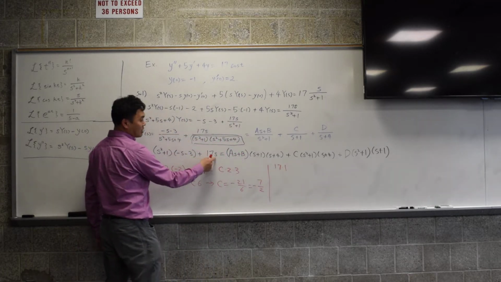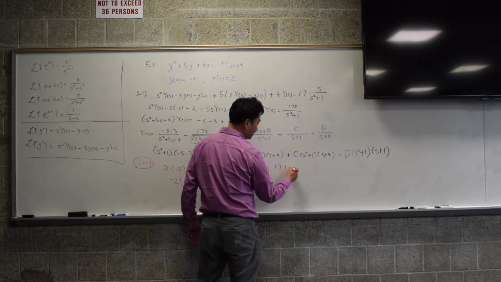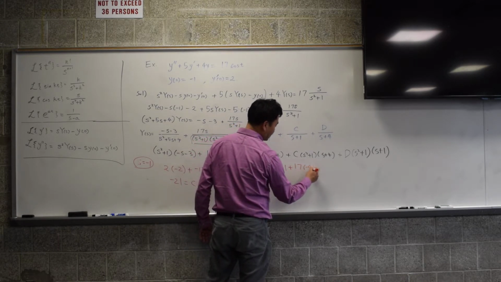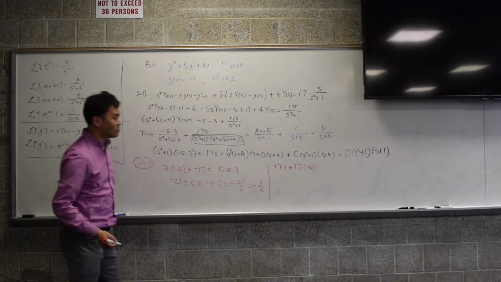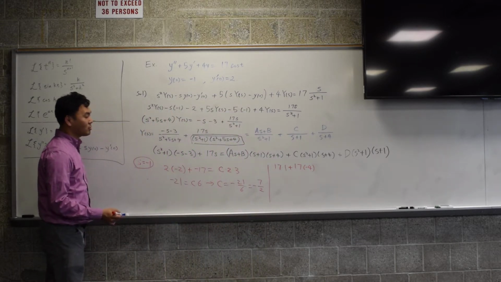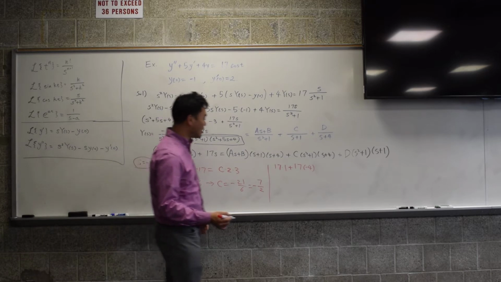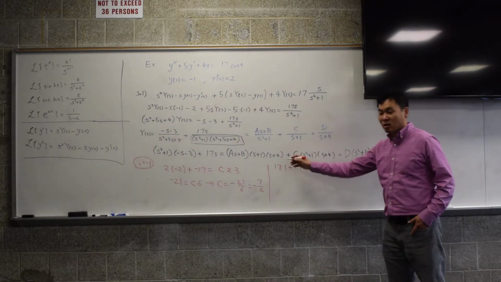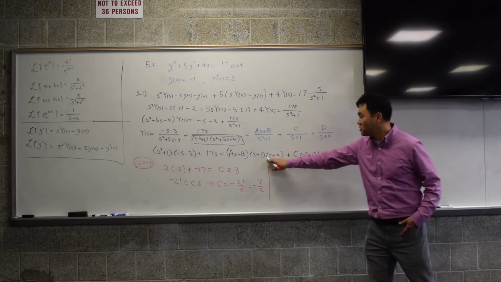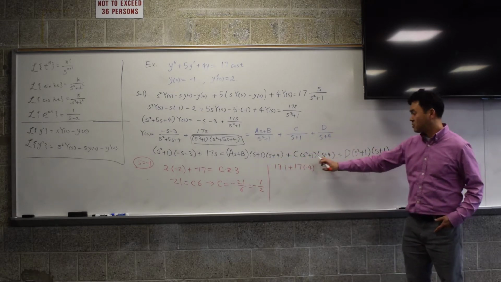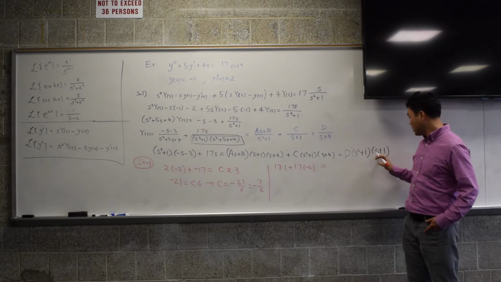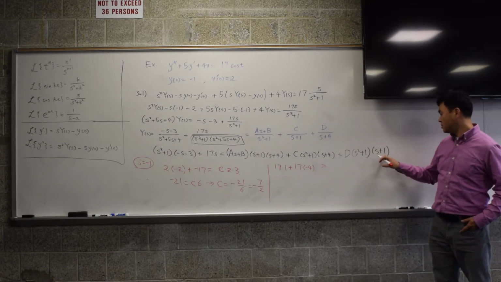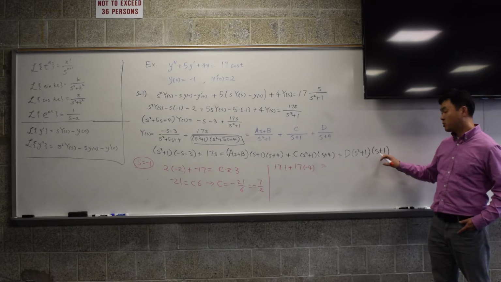And 17 times negative 4. What's 17 times negative 4? Negative 68. Okay, well, we'll calculate that later. On the right side, this will be 0, that will be 0, because negative 4 plus 4 is 0. Negative 4, that's 17, and this is negative 4 plus 1, which is negative 3.